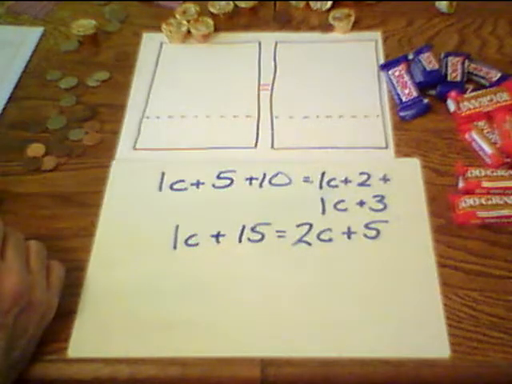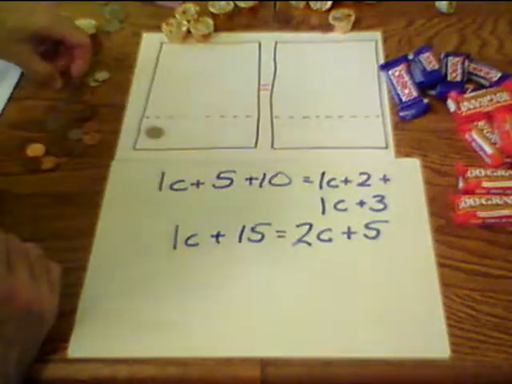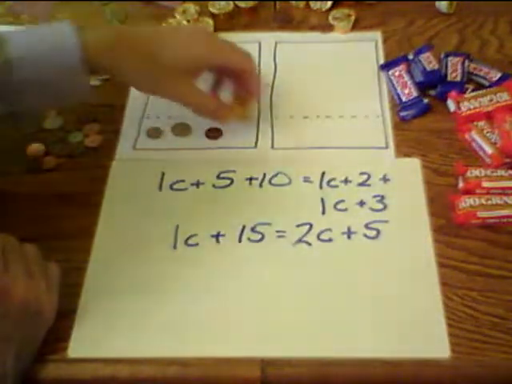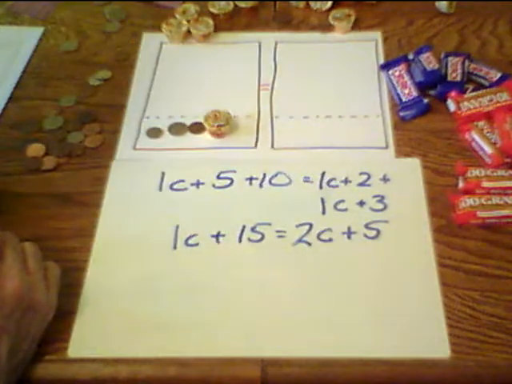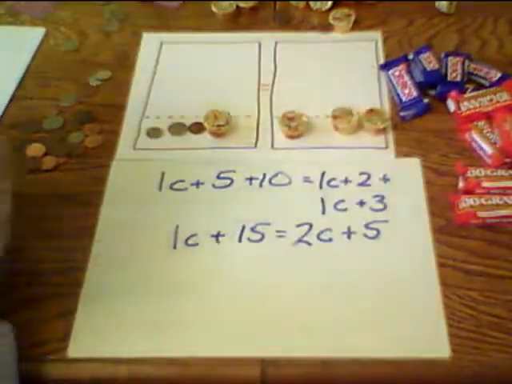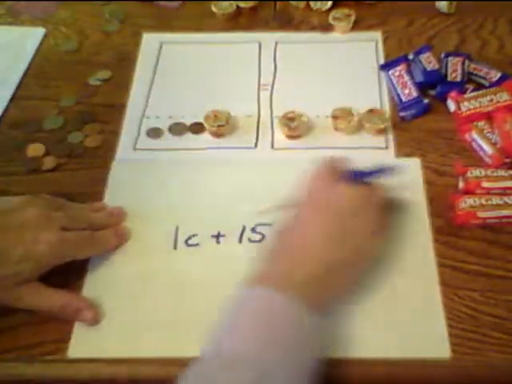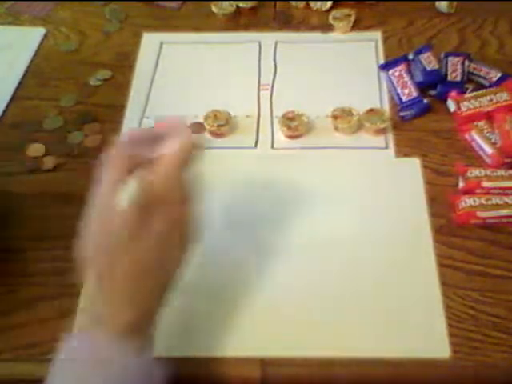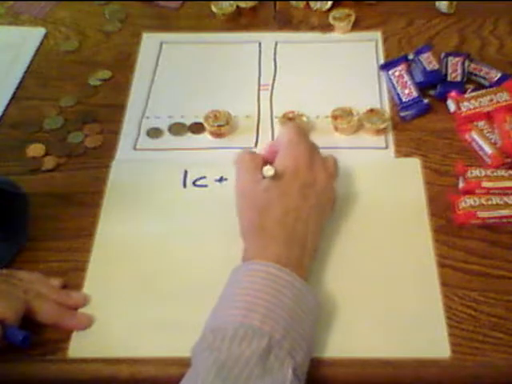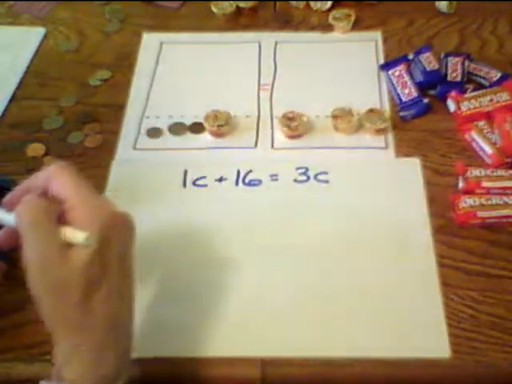So let's say we have 16 cents and 1 candy bar here, and over here we have 3 candy bars. We can, of course, represent that abstractly and say, well, how do I solve that? How do I know what's the cost of a candy bar?